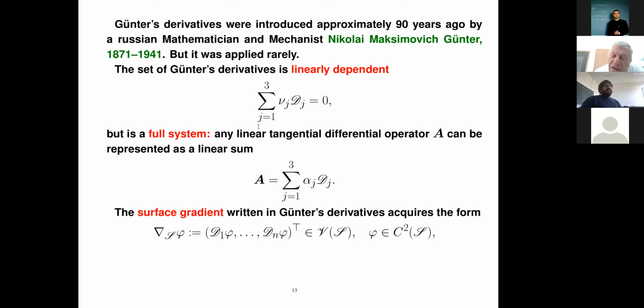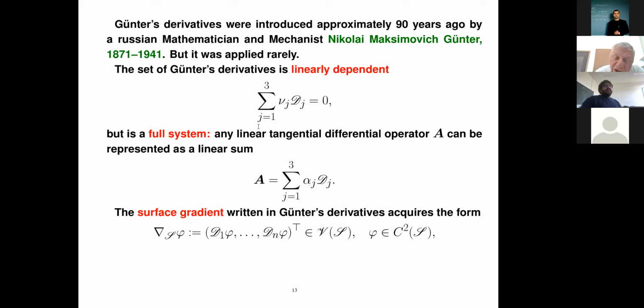Second, they are, of course, linearly dependent, and the linear dependence is given here. The scalar product with the normal vector field is 0 because, of course, they are tangential vector fields, but they are a full system, because any other first-order operator can be represented with the help of these Günther's derivatives.